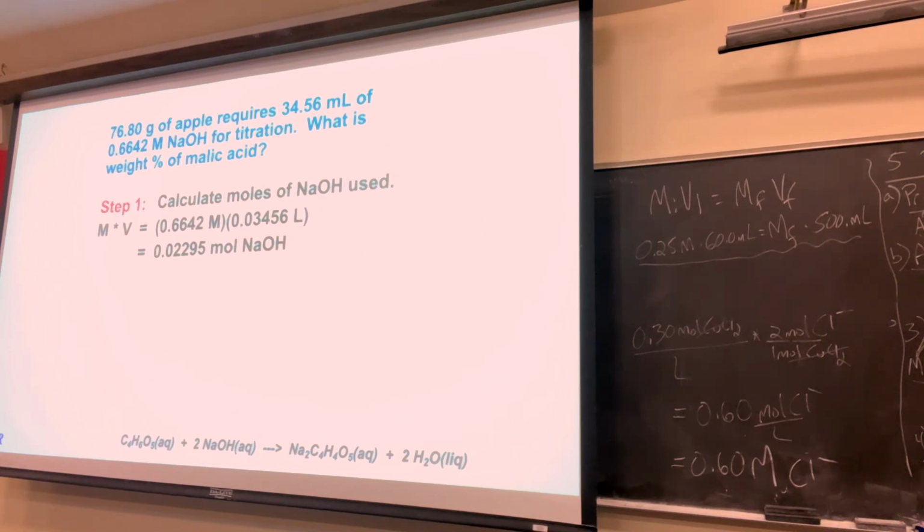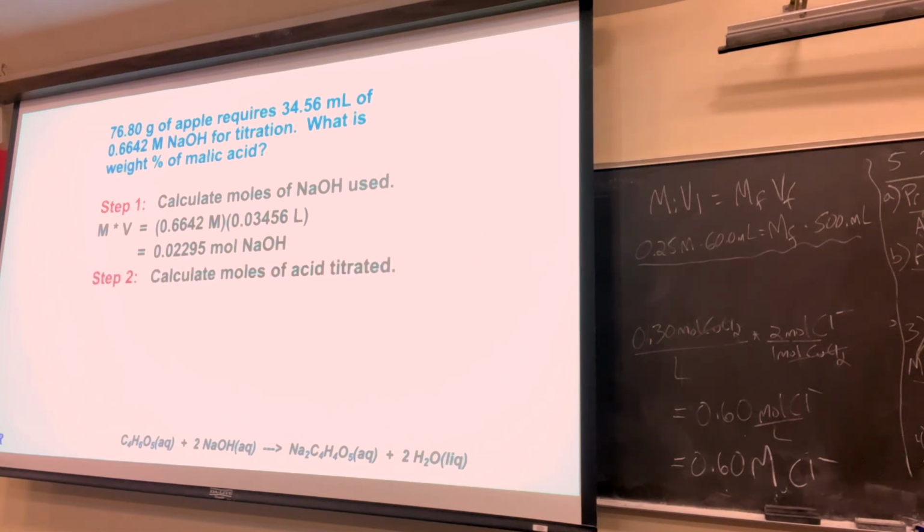Cool. Once you have moles, that's where the balanced equation comes in. Because remember, this 1, 2, 1, 2, those are all mole ratios. And so since we're starting with moles of NaOH, and we want moles of the malic acid, in the next step, we're going to have 2 moles NaOH on the bottom and 1 mole of this malic acid on the top.